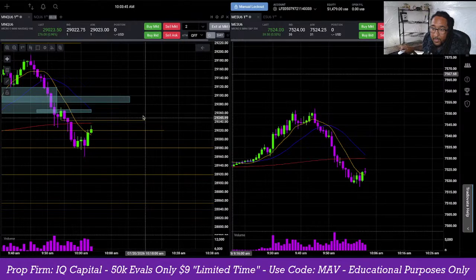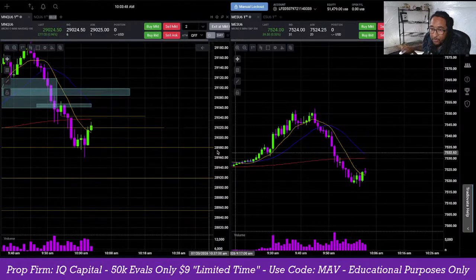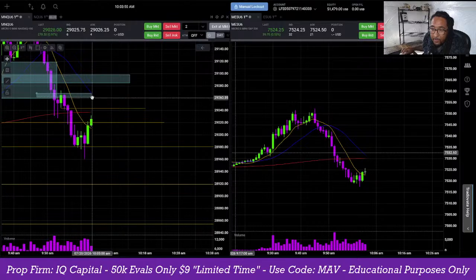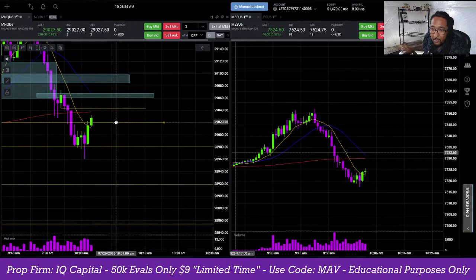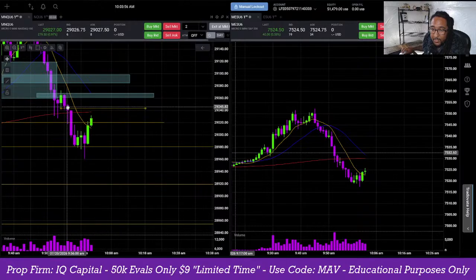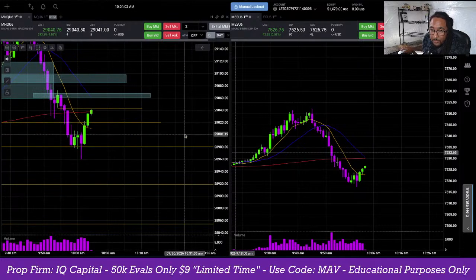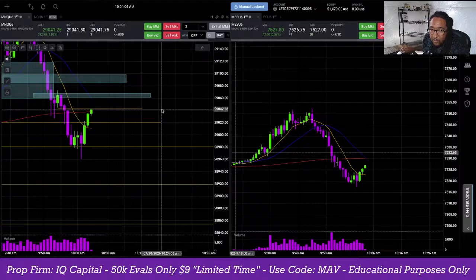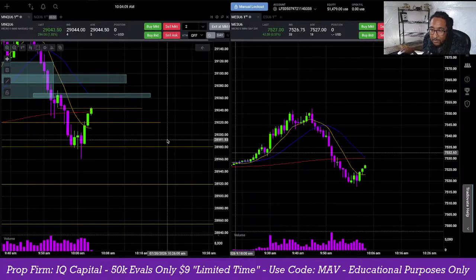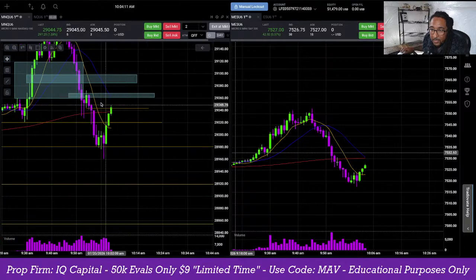What would make it even stronger is that we do have a fair value gap here above it. If we had a fair value gap in this area, that would give it a lot more confirmation. But let's see, because we could go up past this into this fair value gap and then shoot lower, creating a lower high.